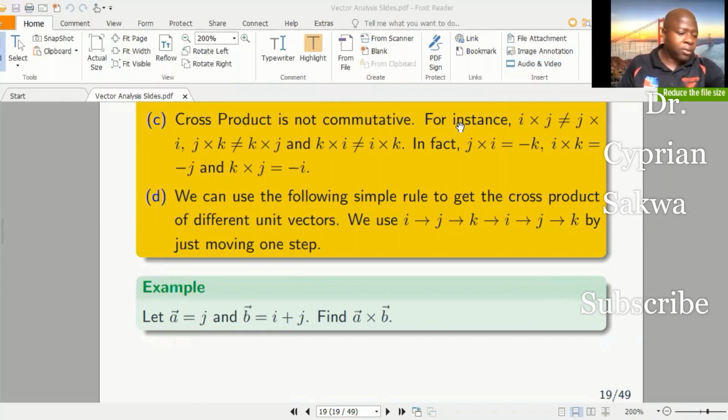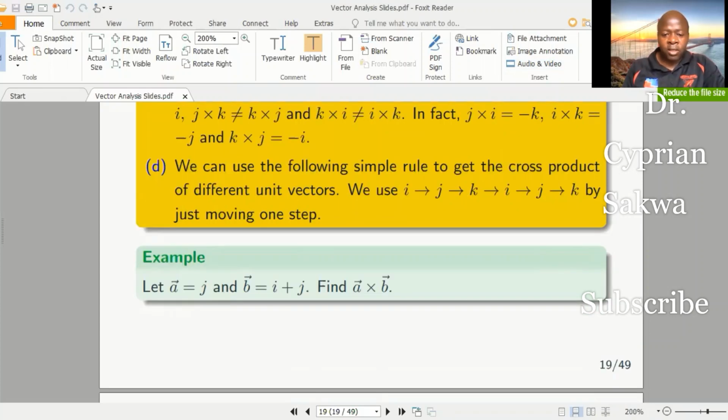So the first example that we look at is: if you're given vector R, which equals J, and vector B, which equals I plus J, the question is find R cross B. So R cross B, let's just do it.